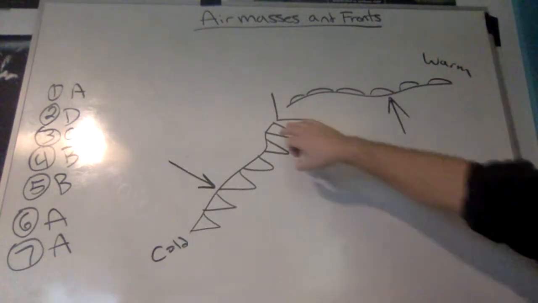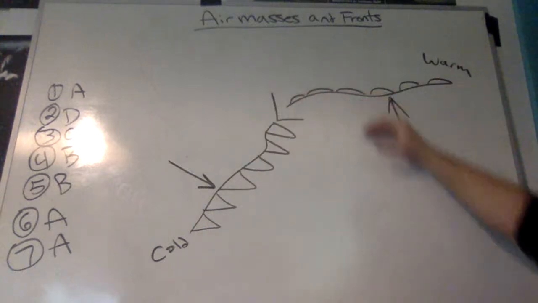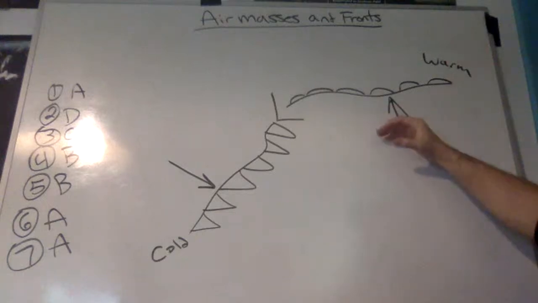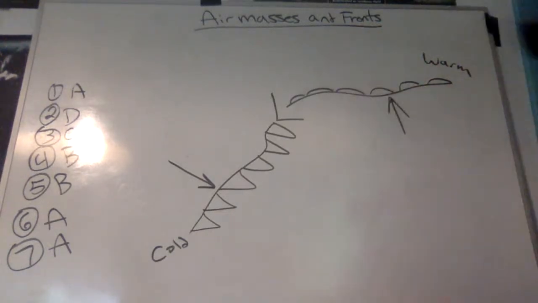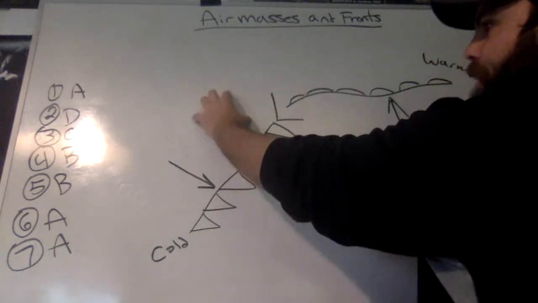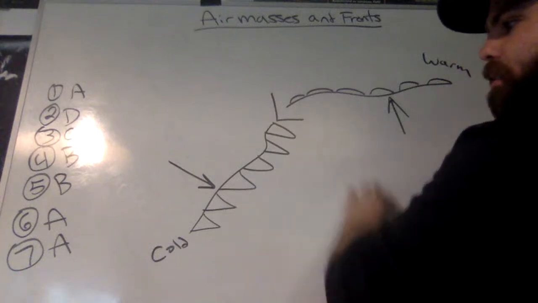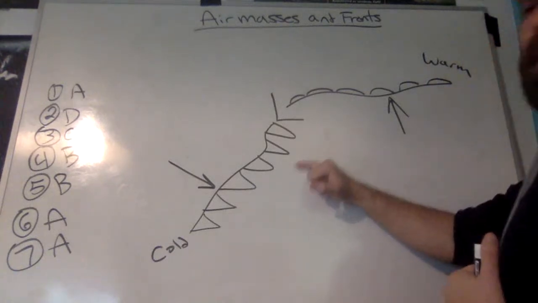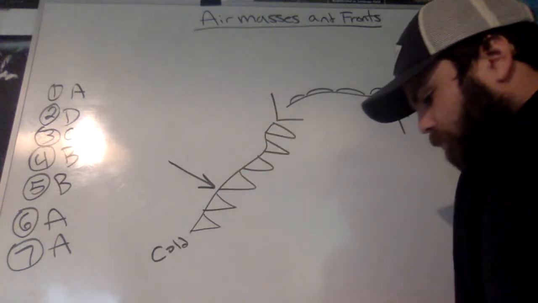This is the front of those fronts. Everything behind here is warm temperature, a lot warmer than the temperature over here. The same can be said over here: this is all cold air behind here, and whatever this is is warm compared to this cold front that's coming in.